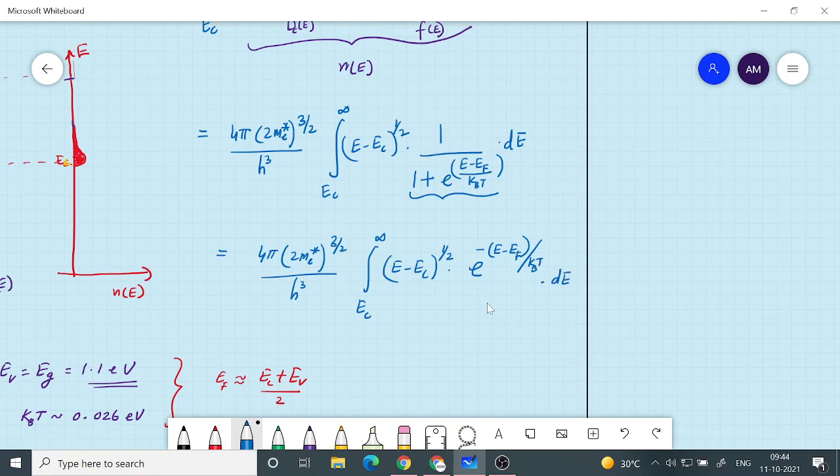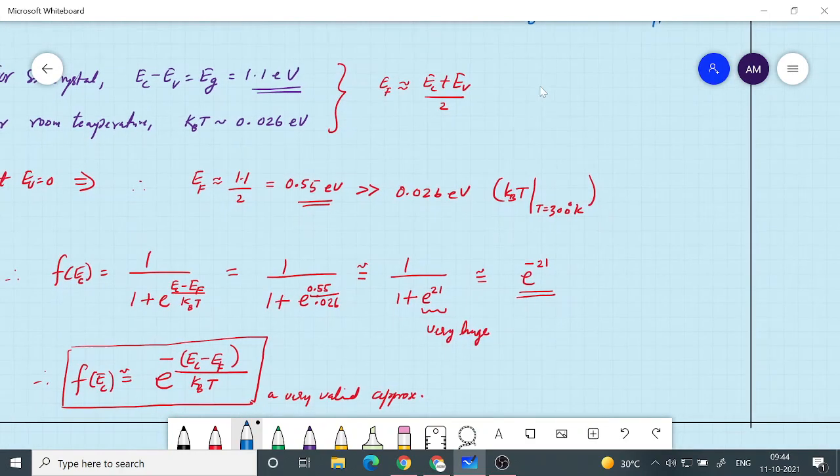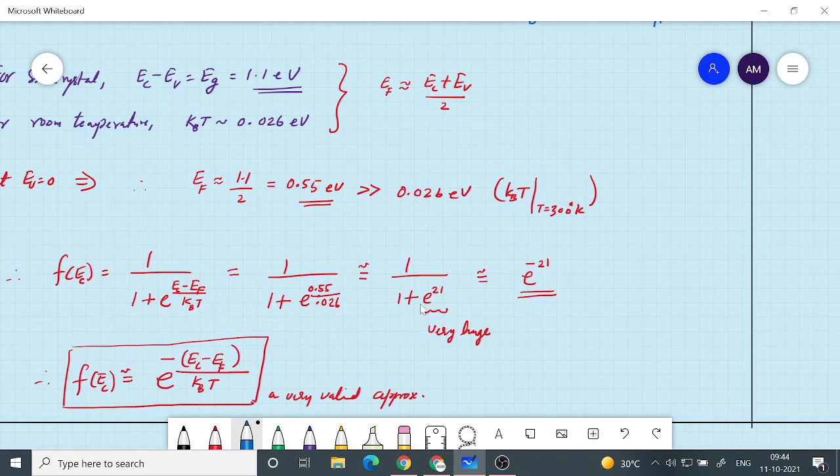Okay, so this is an approximation, a valid approximation. That is what I showed you here, that we make a very negligible error in doing this approximation. We get almost the same value.